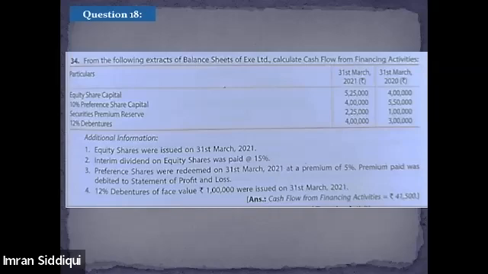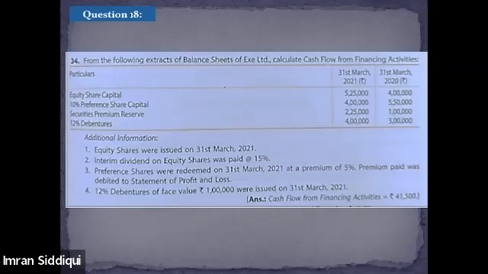There is information given in the question regarding the payment of the dividend, right? You are able to see that on the second information. It says interim dividend on equity share was to be paid at rate 15%. So dividend will be paid on which shareholding? It will be paid on such number of shares or such value of the equity share which is held throughout the year. Now see, at the beginning of the year it was 4 lakh equity share capital, and at the end of the year it is 5,25,000.